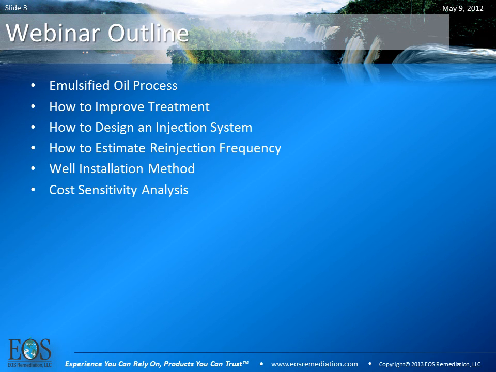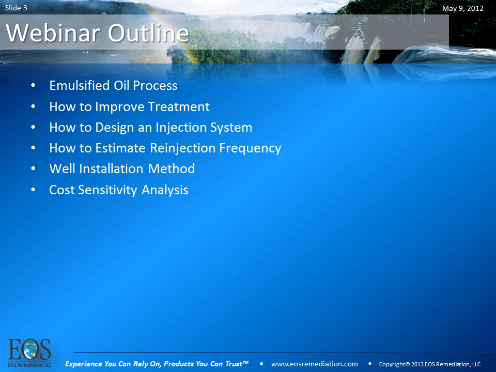The webinar outline is as follows. We're going to briefly discuss the emulsified oil process. I recommend for those that are new to the emulsified oil arena, or at least in the design area, to look at some of the webinars that EOS puts on annually. There's one on Bioremediation 101, another on managing pH of aquifers, and another on substrate selection.